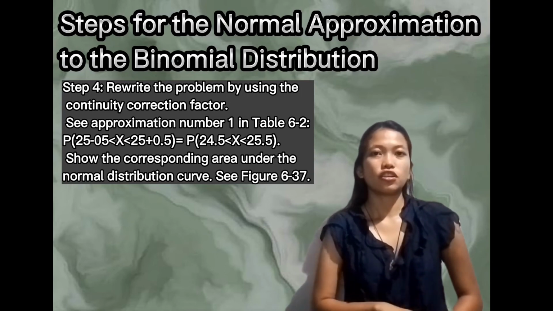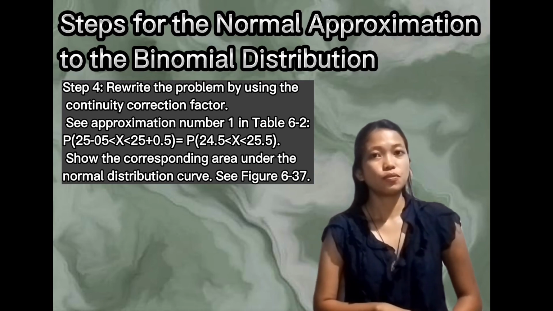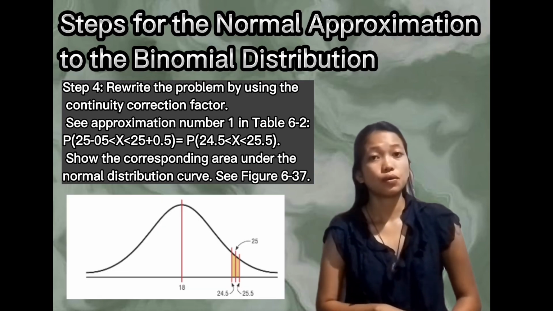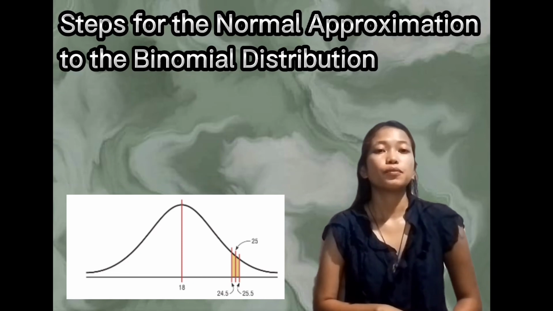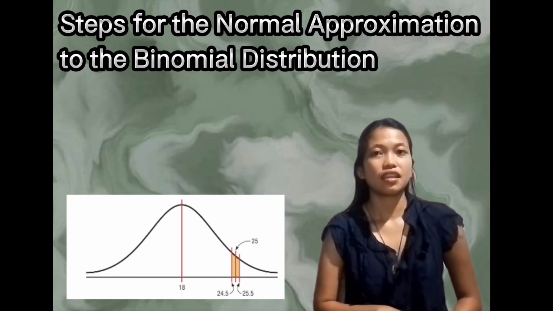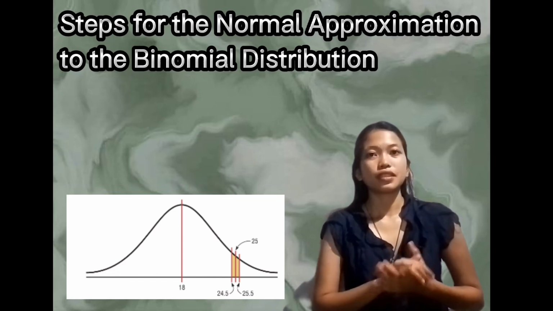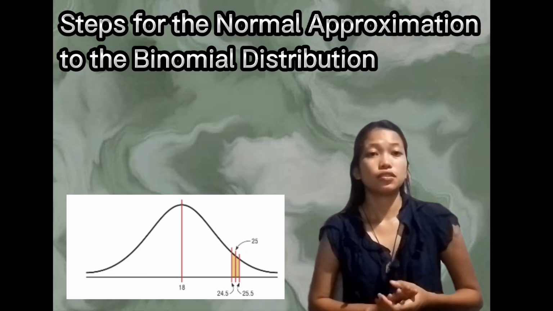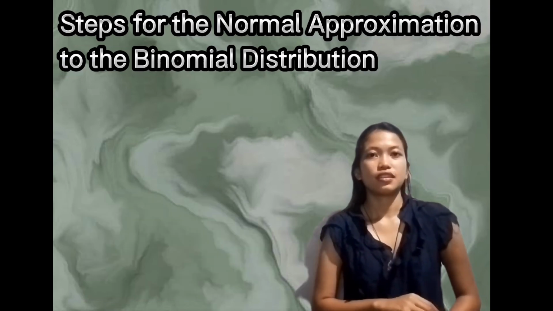And then show the corresponding area under the normal distribution curve. So this is how it will look if we put our mean 18 and the continuity correction in our graph.